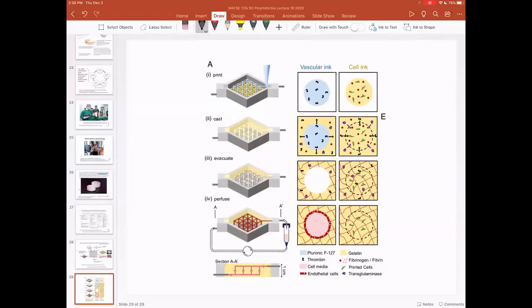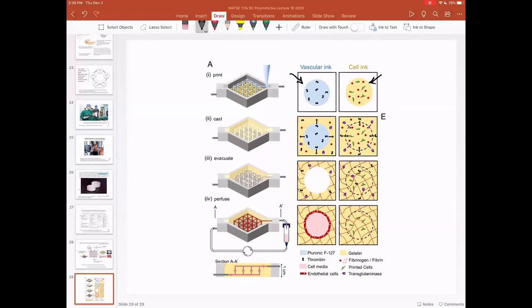And this is just one example right here, where they're using two different inks. They have an ink that's going to be the blood vessel, and they have a cellular ink. They're able to use this casting and evacuation technology, and then perfusion just means they pump blood through this thing, in order to get the biomaterial shaped with cells, with vasculature.